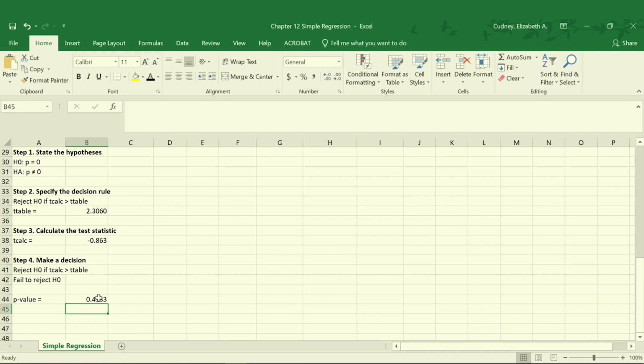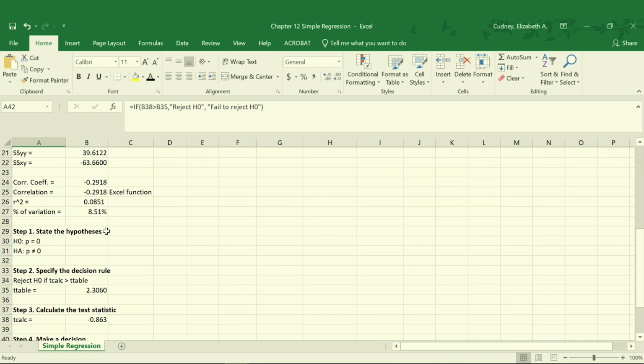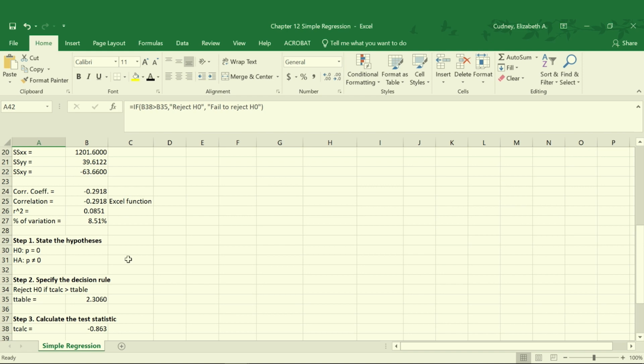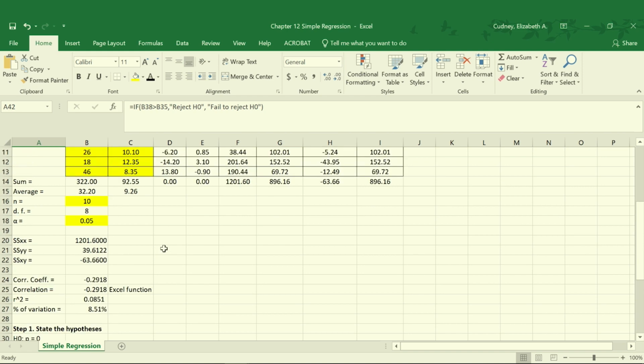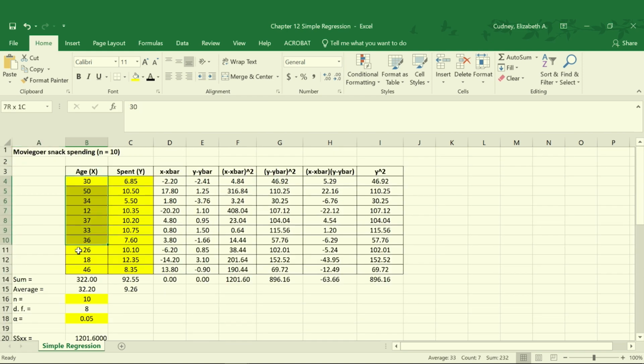And that will tell us that we have a p-value of 0.4133. So in this case, we're going to fail to reject the null hypothesis. Our p-value is quite high, so we don't have a whole lot of confidence within it. However, what we're going to say here is that there's a very small relationship between the age of the person going to the movie and the amount of money that they spent on snacks.